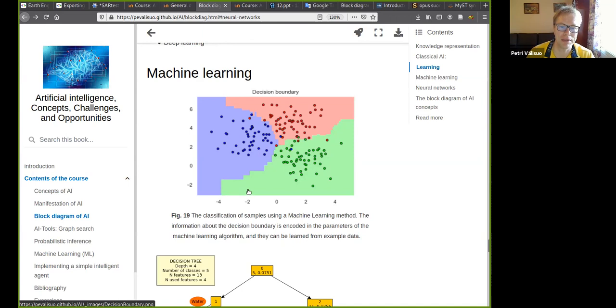You must have some samples of these green dots and some samples of red and blue, and say that here are the greens, here are the reds, here are the blues. Learn how to make optimal decision rules for this, and then it creates some sort of decision rules, and the information is encoded in some data structure which is inherent for this decision making engine.